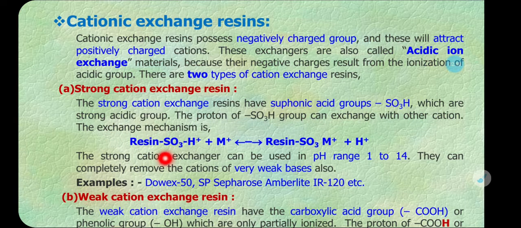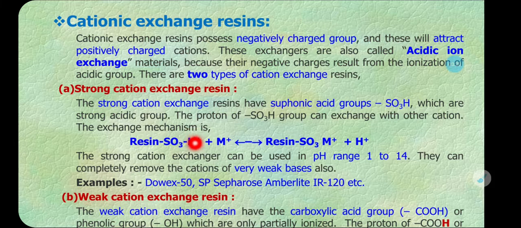So the exchange mechanism can be represented as a general scheme. Suppose this is a resin having sulfonic group embedded in this polymer. Here H+ ion is the exchangeable ion and SO3- are the fixed ion present in the resin by cross link.